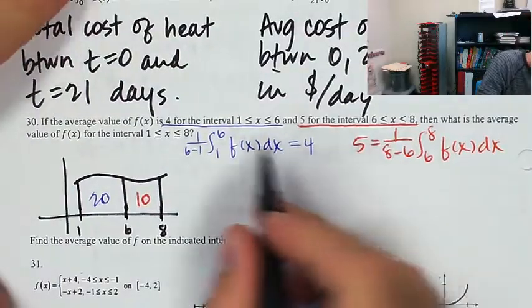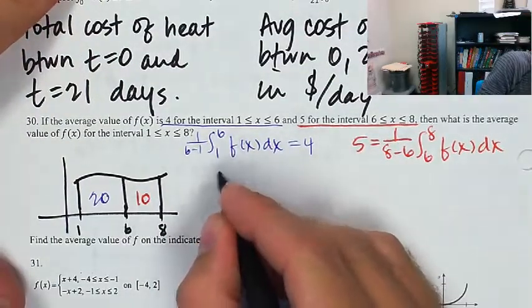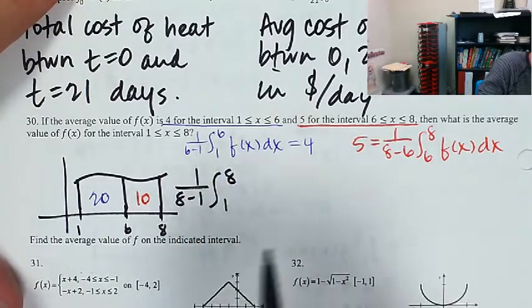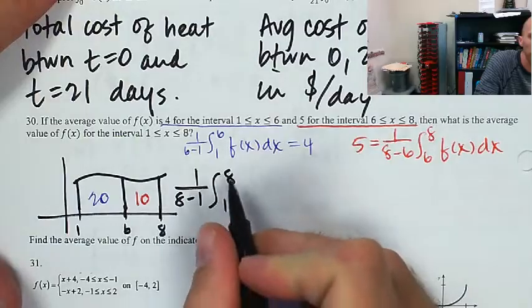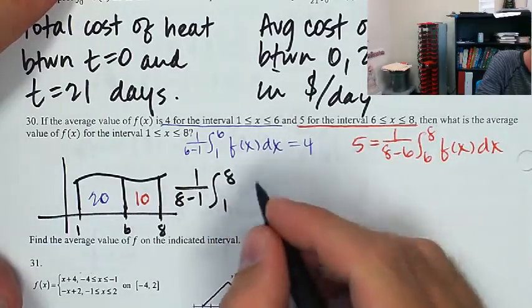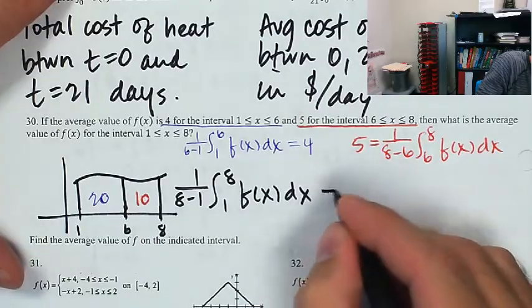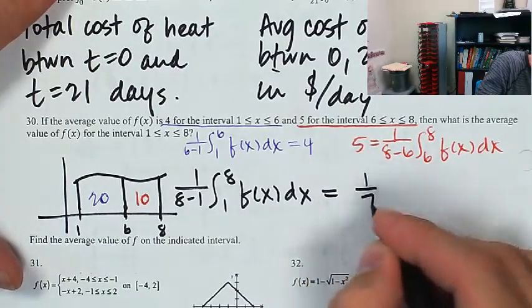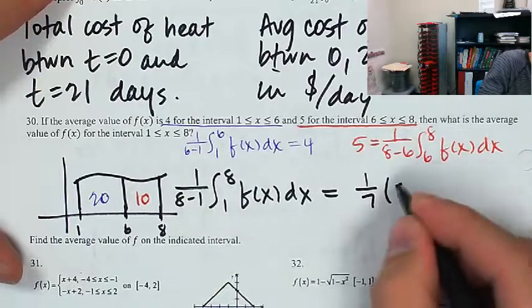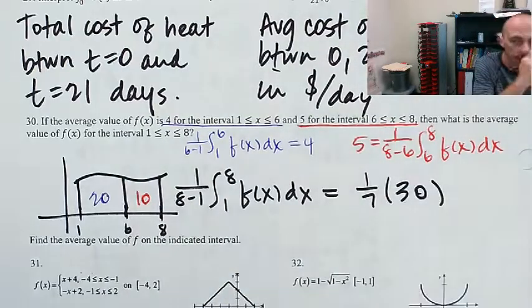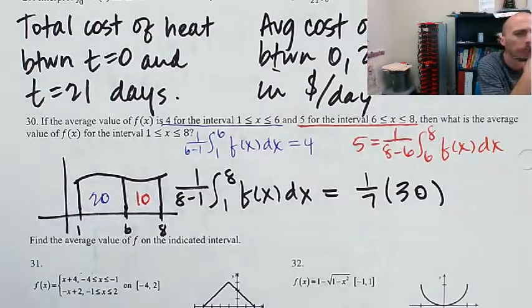And if I want to know the average value of f on the interval 1 to 8, I'm going to integrate from 1 to 8 and divide by 8 minus 1. So 1/7 of the integral from 1 to 8 of f of x dx. So 1/7 of 30. That's why we did that, so we can find this value. And say it's 30 divided by 7, or whatever.